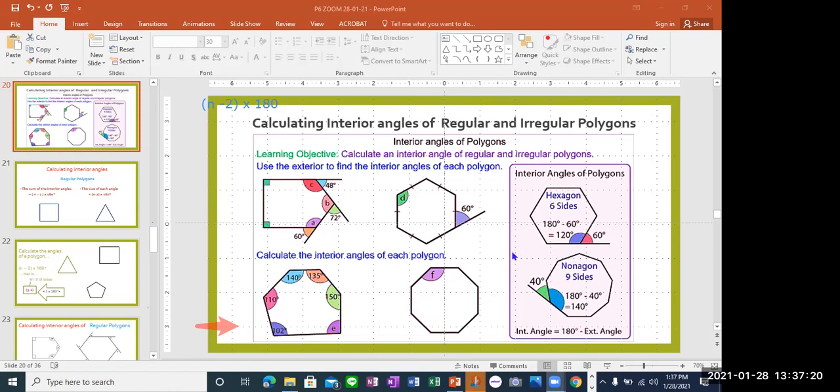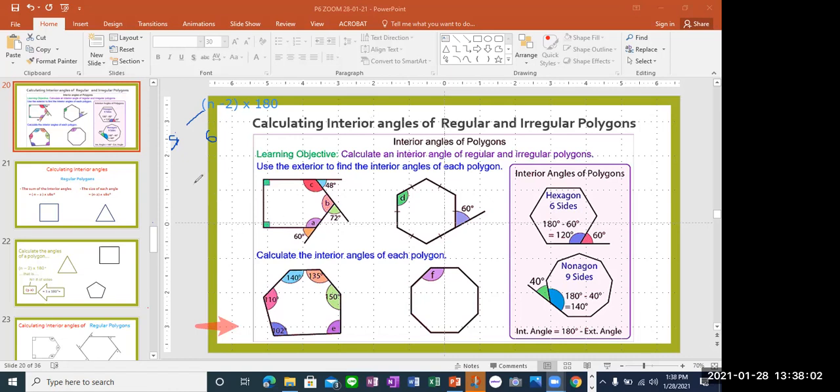Now what we do here is say number of sides minus 2, and then we multiply by 180 degrees. This would be written as 6 minus 2, because n stands for the number of sides, multiplied by 180. So that would be 4 times 180.